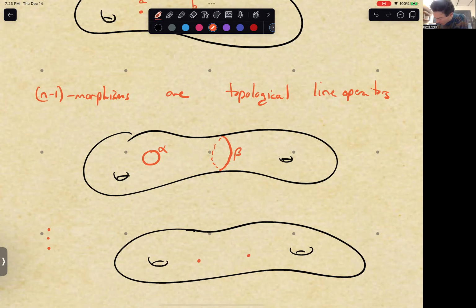So here's a more complicated network on a surface. Let's call this alpha x y z.